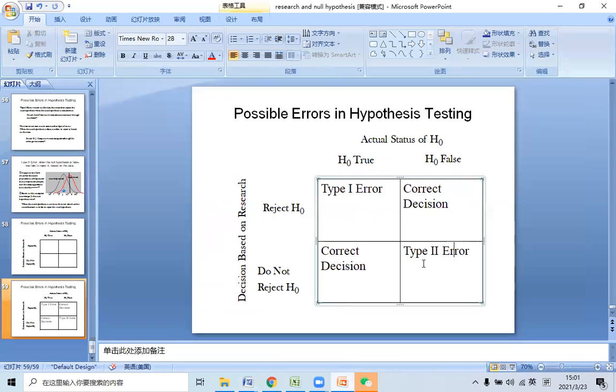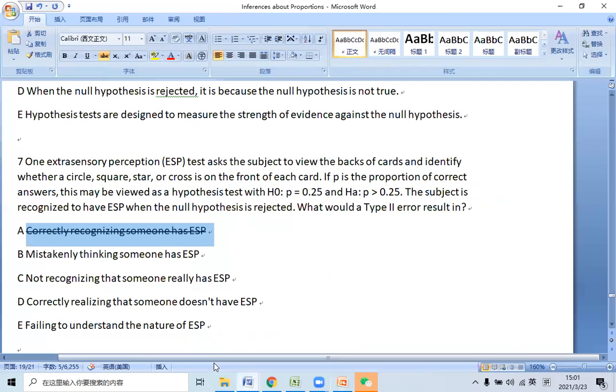Let's look again, type 2 error. When the null hypothesis is false, you do not reject the null hypothesis. And then, is that a type 2 error? Here, mistakenly. When you are thinking someone has ESP, are you rejecting the null hypothesis?